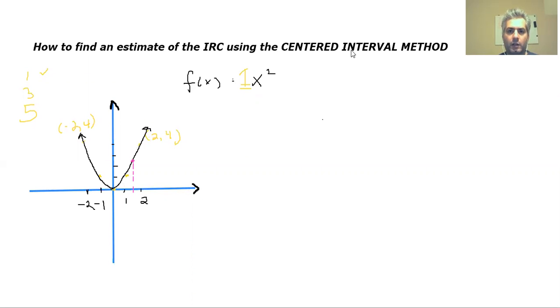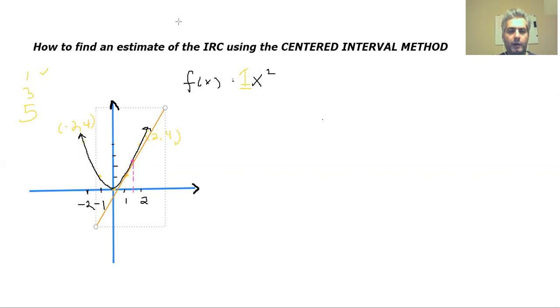Again, we can change the color to an orange. This line passes through only one point on the curve, and that one point is at x equals 1.5.